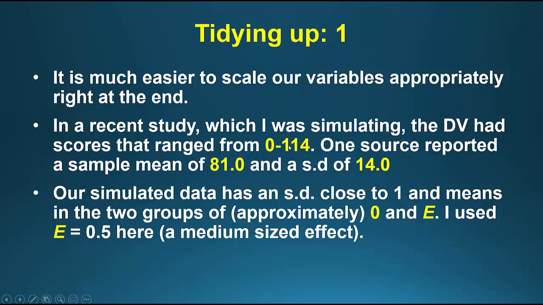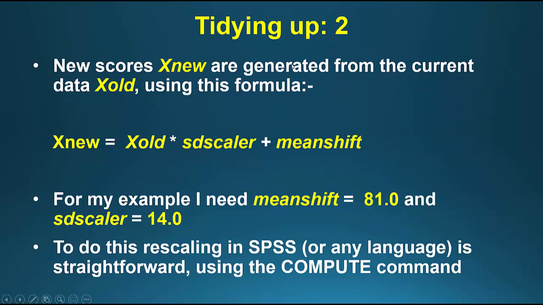So I'm going to want to turn those variables of the kind I've just generated to match this. So remember, our simulated data has a standard deviation close to 1 and the means in the two groups approximately 0 and E, and in simulating this data I had added an E of 0.5, a medium-sized effect. So the next part of tidying up is to just transform this using a simple linear transformation.